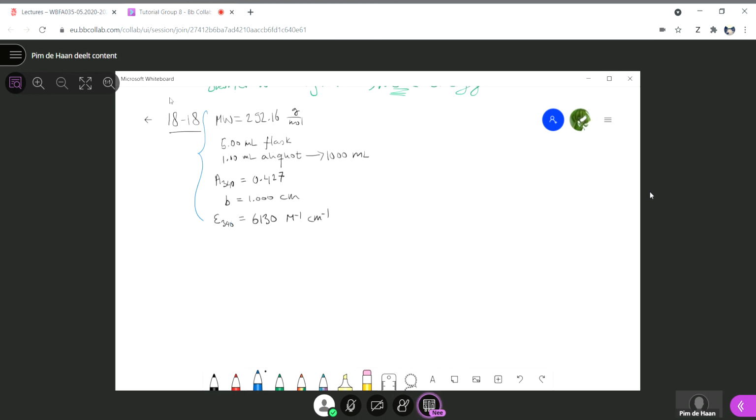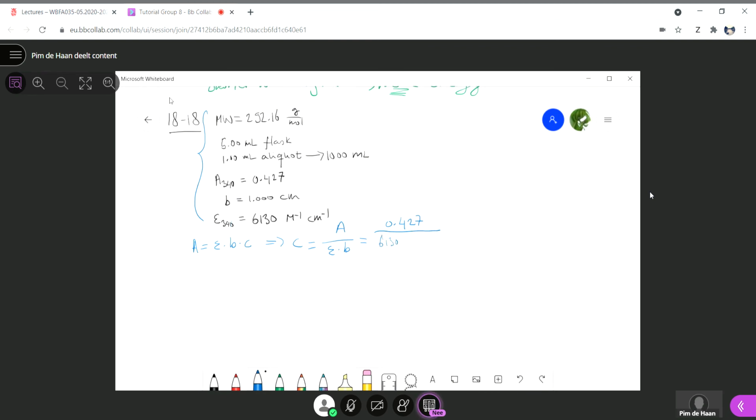Calculate the concentration of compound. This is the equation we're going to use: concentration is A divided by epsilon times b, which is 0.427. It's strange, but they don't say anything about blanks here. So they probably blanked the machine already, used a cuvette with solvent first, hit 0, and then moved on.